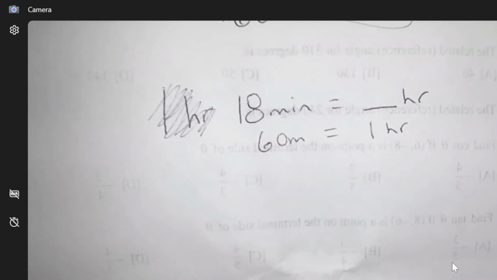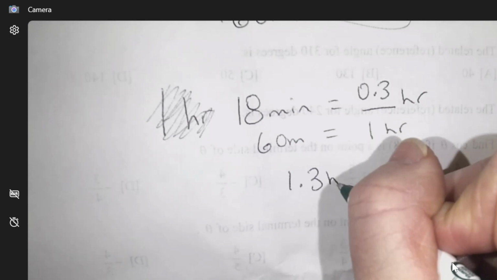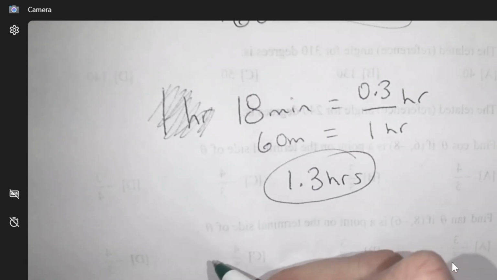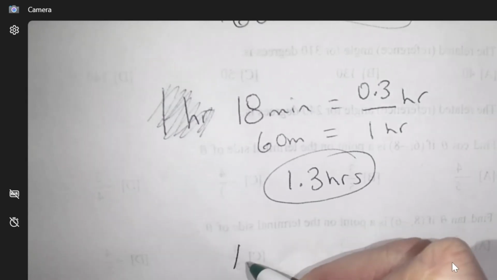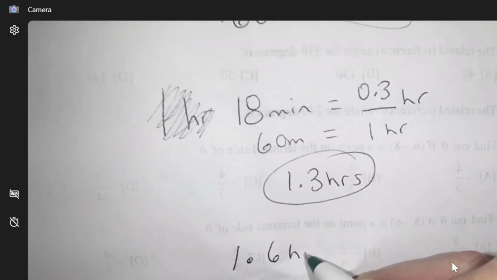So dividing by 60, right? And lots of you don't have to write these proportions. If you understand, just divide by 60. So that's 0.3, so 1.3 hours. Okay, so just be careful with time because it's not using decimals with tenths. It's using 60ths, so everything's weird. And then I could give you something like 1.6 hours.